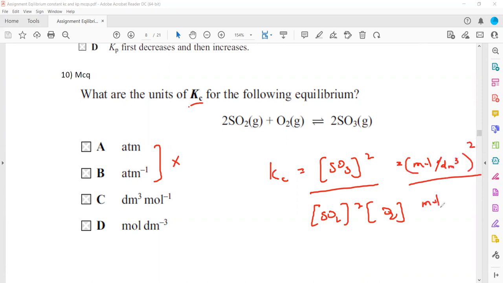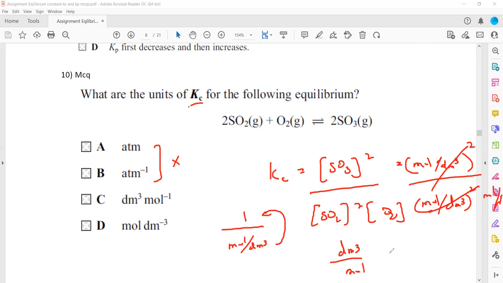This is mole per dm cube squared. This is mole per dm cube. This will cancel, so we are left with 1 over mole per dm cube. This will go to the numerator by itself, so it will be dm cube divided by mole. And when mole goes to the numerator, because it's power 1, it changes to minus 1. So dm cube mol minus 1.